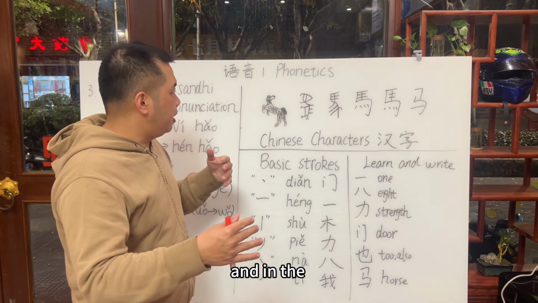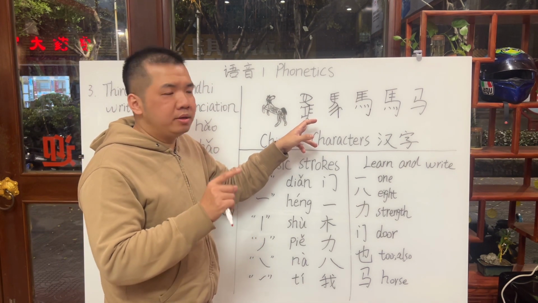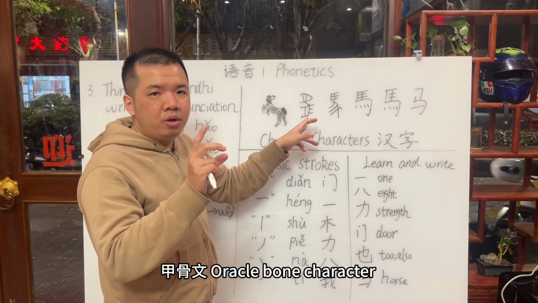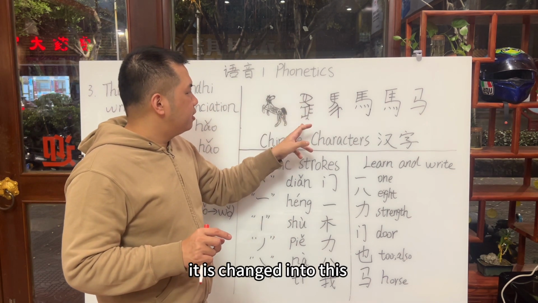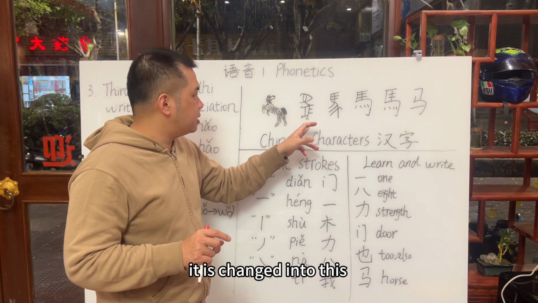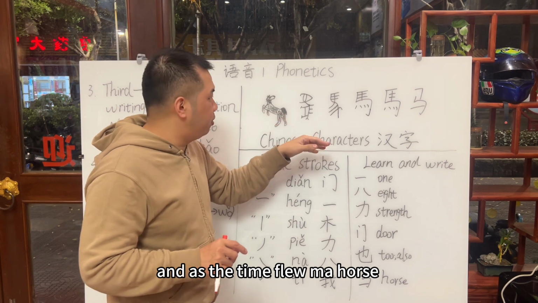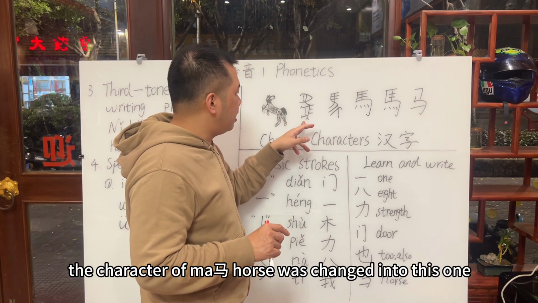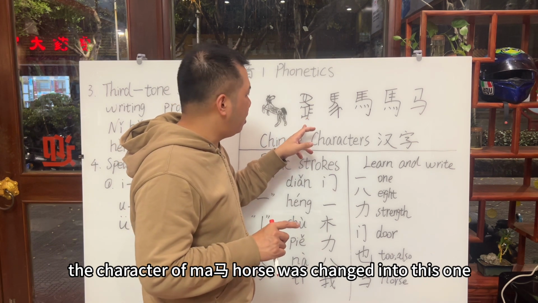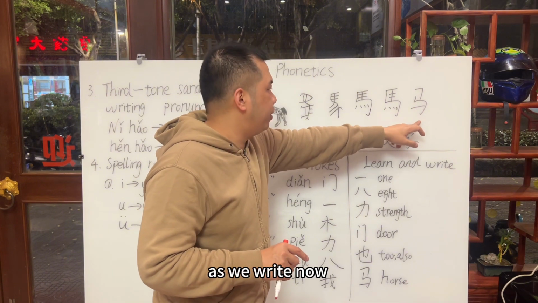And in the 甲骨文 oracle bone character, it changed into this. And as time flew, ma, the character of horse, changed into this one, ma, which we write now.